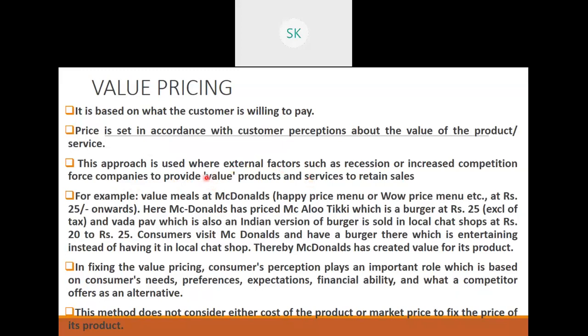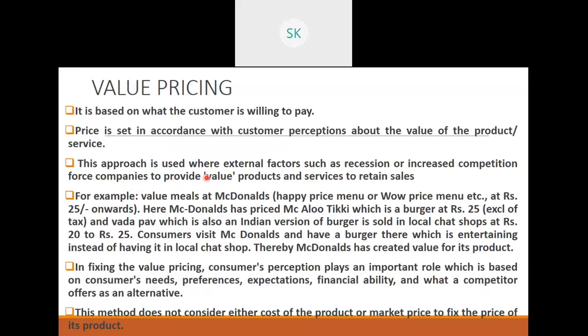Now usually value pricing is a little difficult to maintain. We can give the products at lesser cost, but it is very difficult to maintain for a longer period of time. Why is it difficult? Because you will have competitors, other companies which will come out with different products and a variety of offers, or you can see recession happening in the economy, where people do not have money at all.